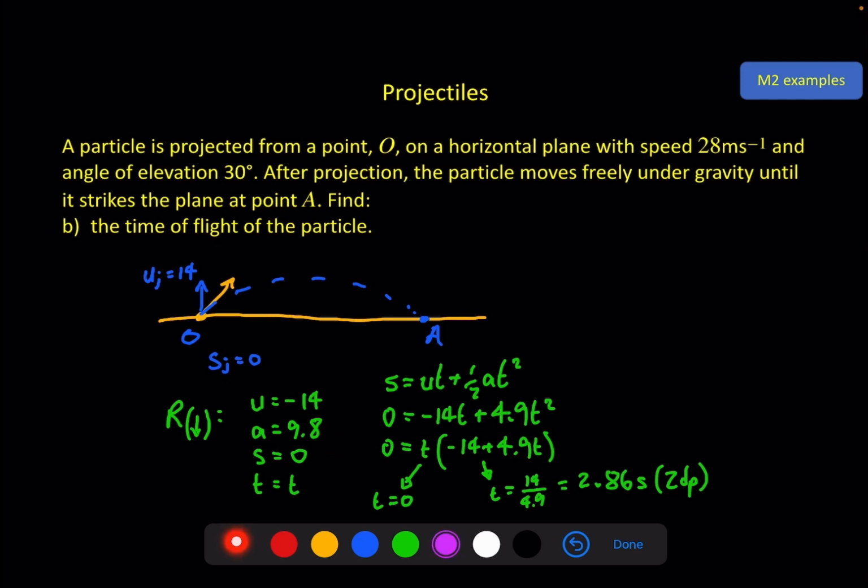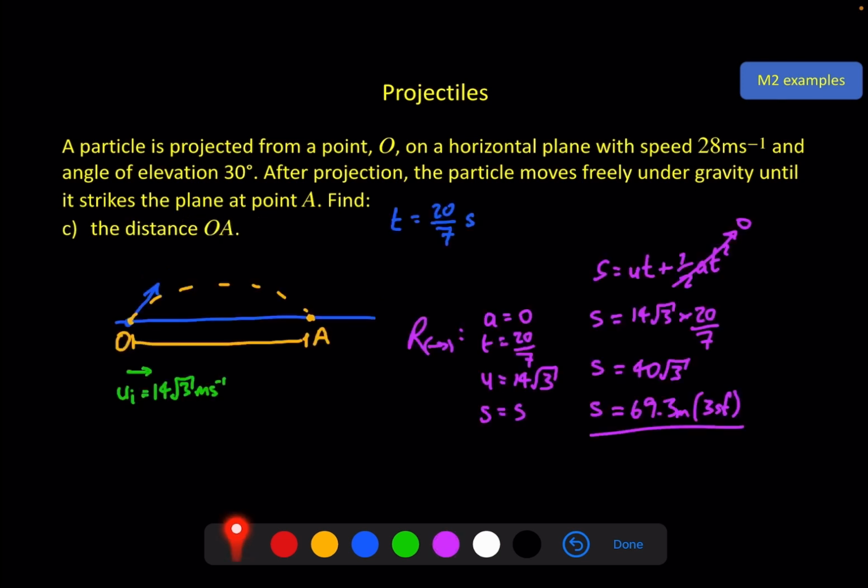So let me correct that here and write instead 2.9 seconds to two significant figures. And that does have a slight knock-on effect here as well, because although I didn't use g in this calculation, this value here has come from a calculation that used g as 9.8. So unfortunately, I should be changing this one as well. 69 meters to two significant figures.